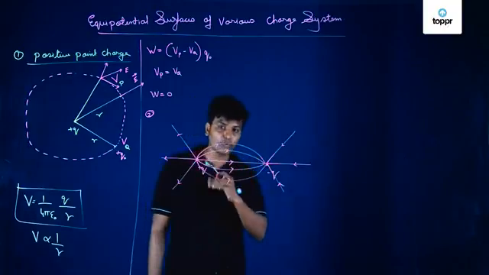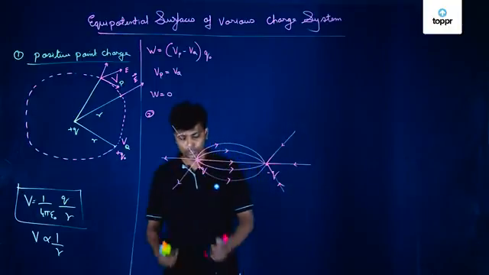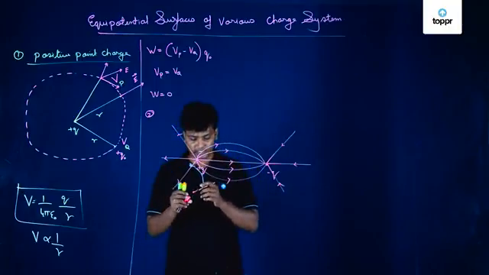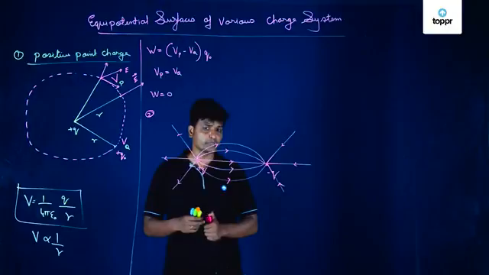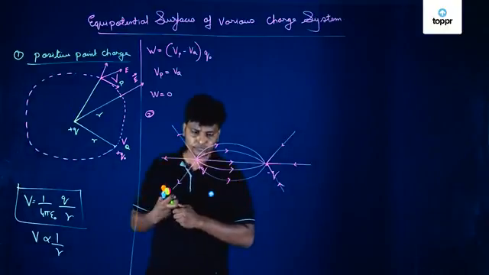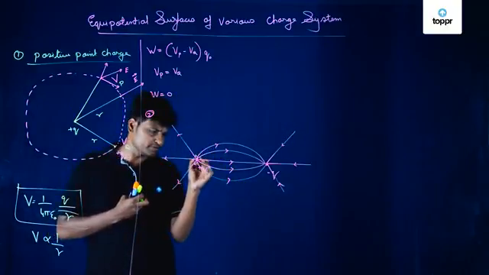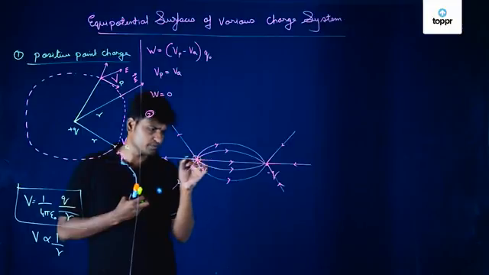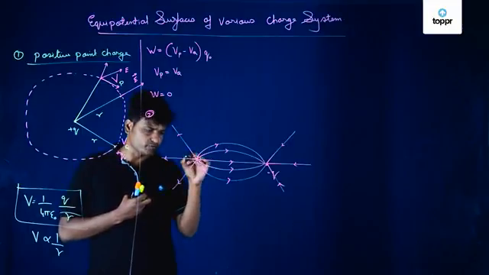This region has a stronger electric field as compared to this region, because in this region the electric field lines are more crowded. So, if this is the case, then how should the equipotential surfaces be? I am first drawing the first surface. The second surface would be like this.